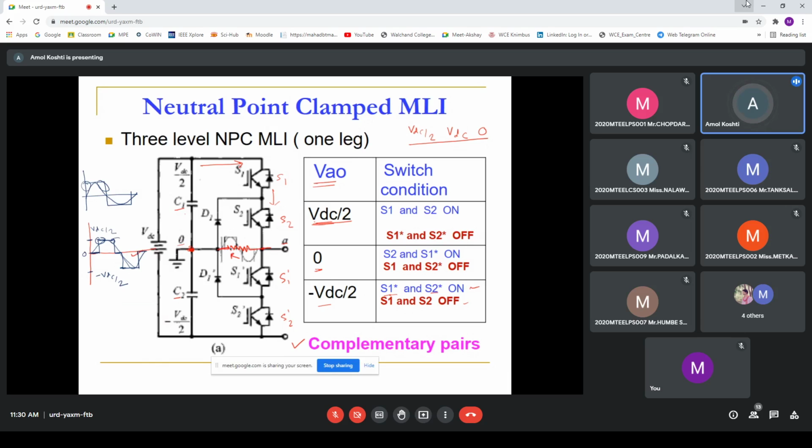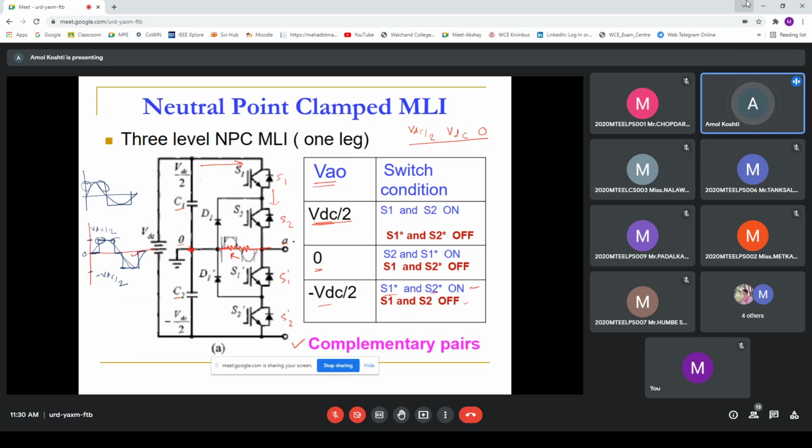And as I told you, the mathematical tool we use is the Fourier series to find the different harmonic components from the output of any multi-level inverter, either diode clamp, flying capacitor or cascaded multi-level inverter. In this way we produce the output across this multi-level inverter.